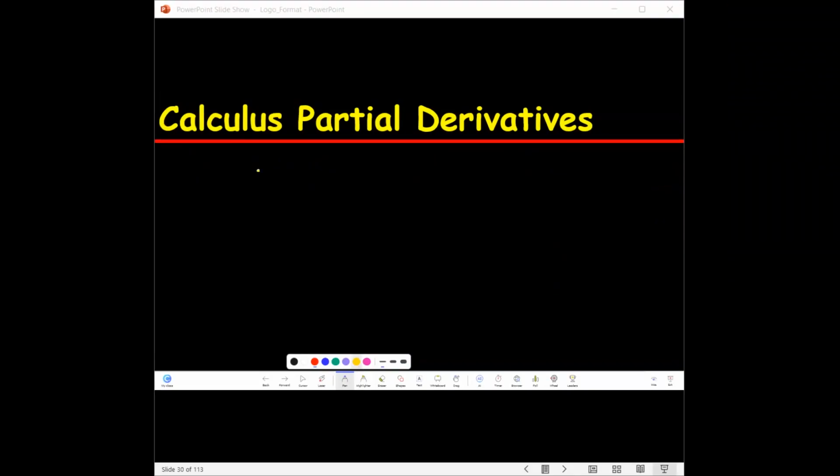Let's take a look at another problem. We were talking about higher order partial derivatives, so let's take another example. The function is given: z equals x to the power 4 minus 2xy plus 3y cubed.